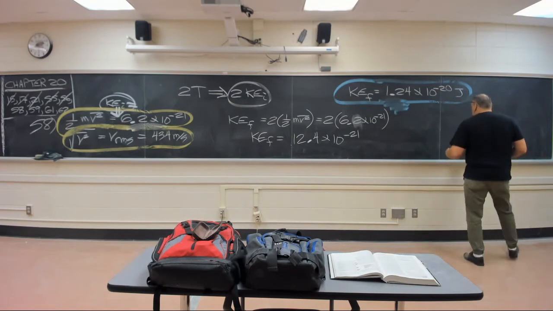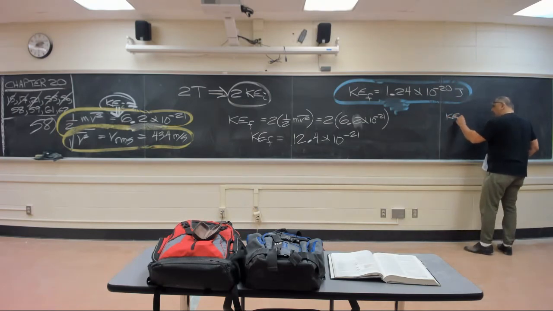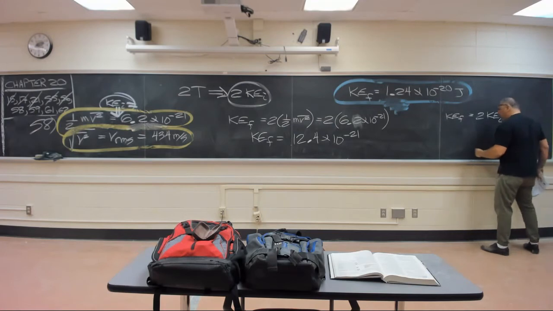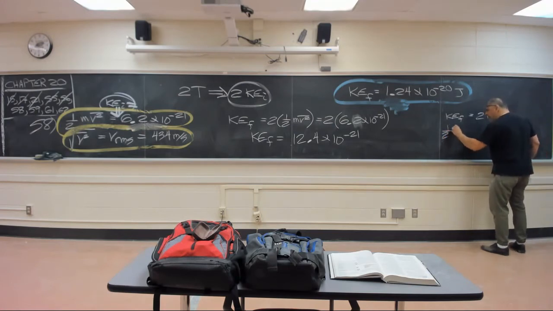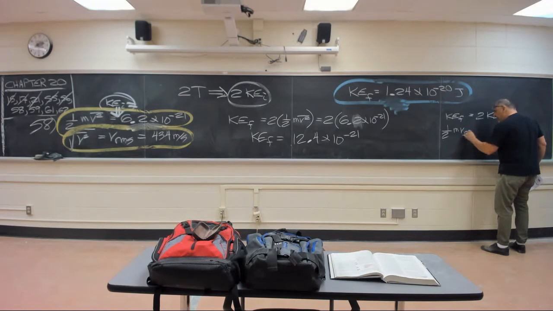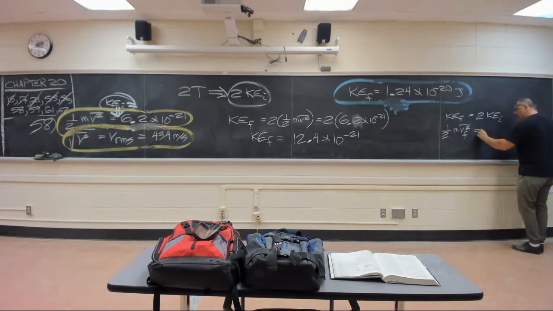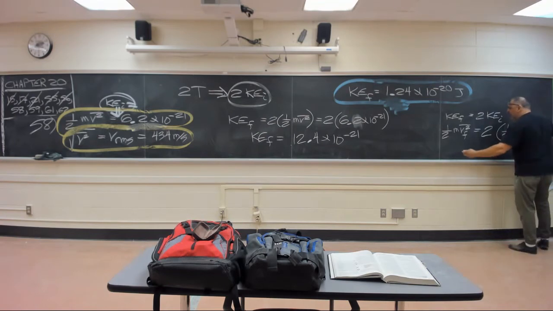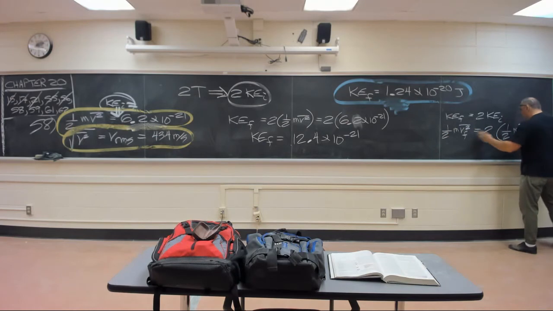If we're going to say that the final kinetic energy on average per molecule is twice as big as the initial kinetic energy on average per molecule, we've got the average of 1/2 m V f squared is actually twice as big as the average of 1/2 m V i squared.